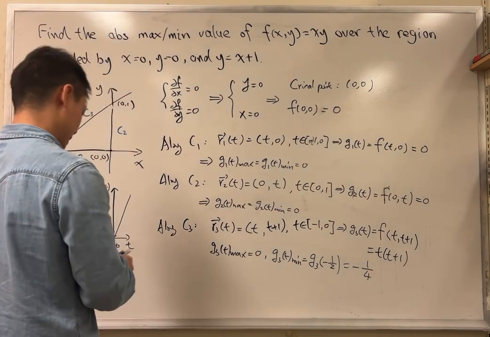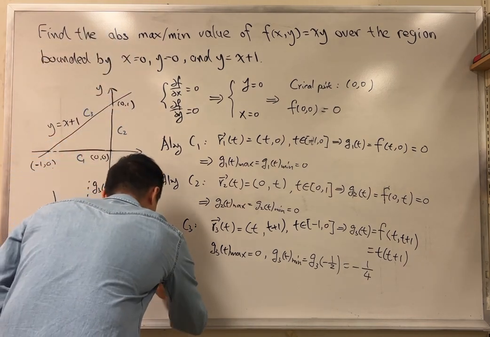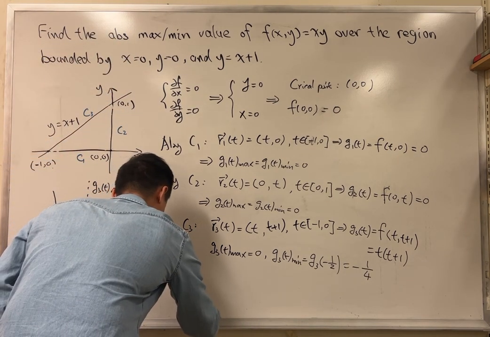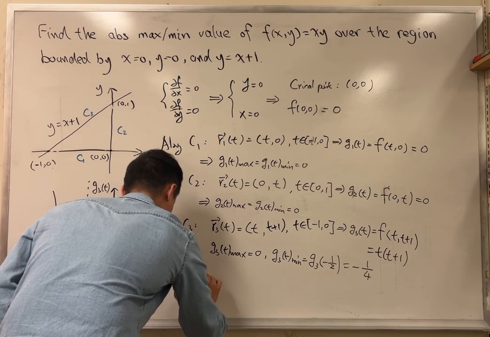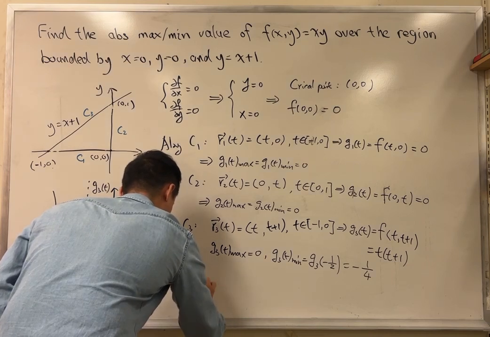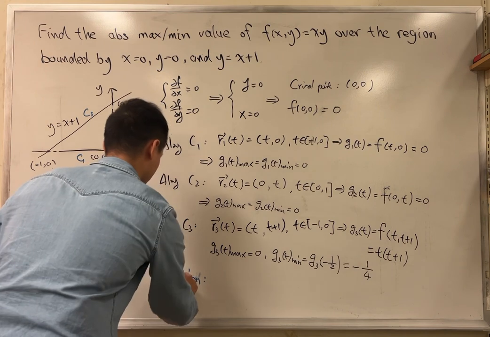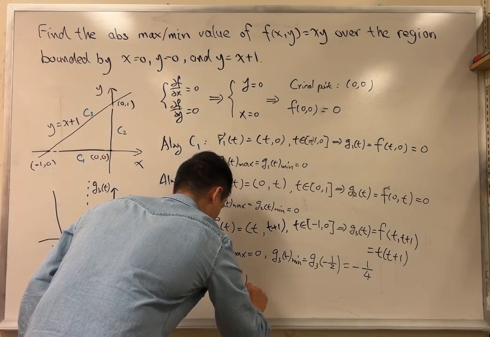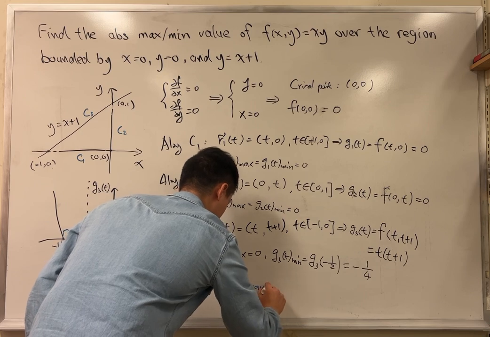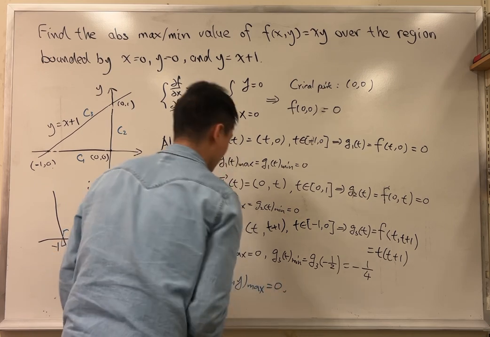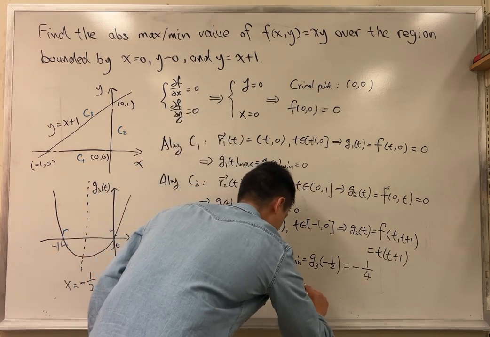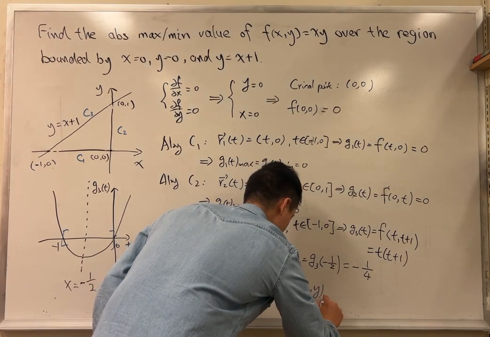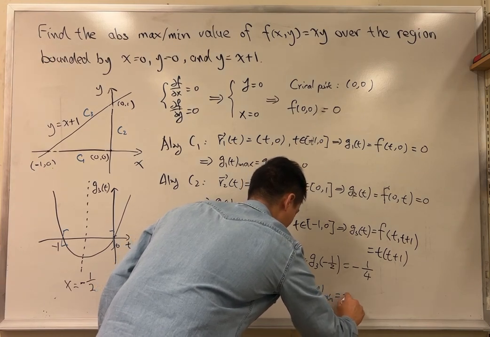So right now we can make our conclusion. The conclusion is that the max value for the function is 0, while the mean value is -1/4.